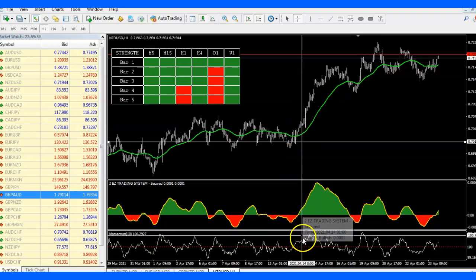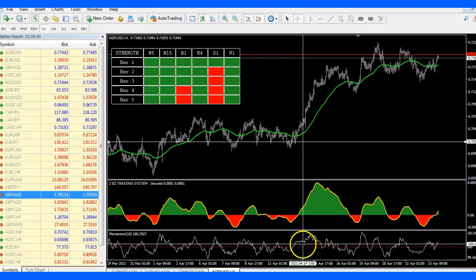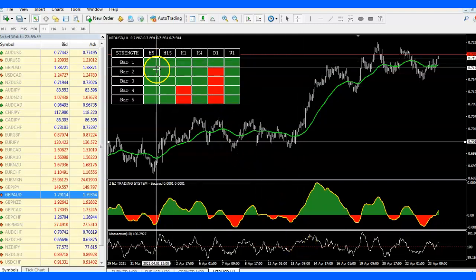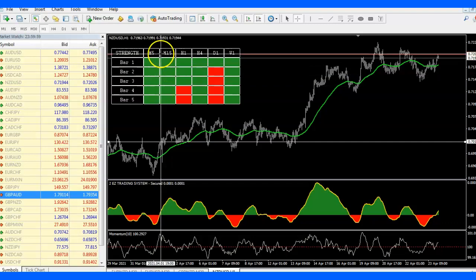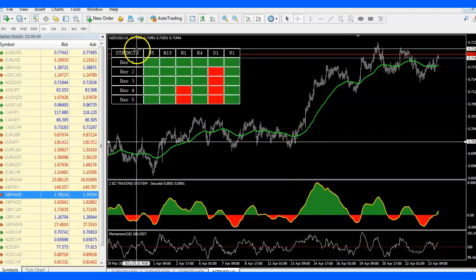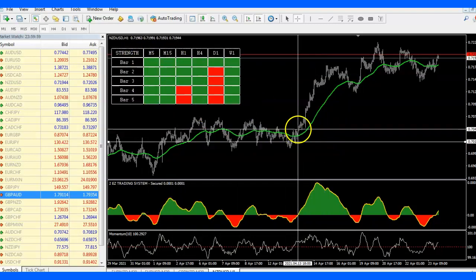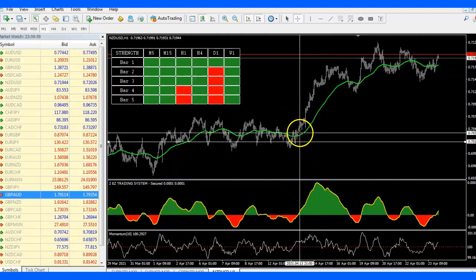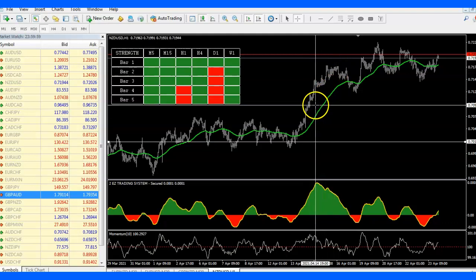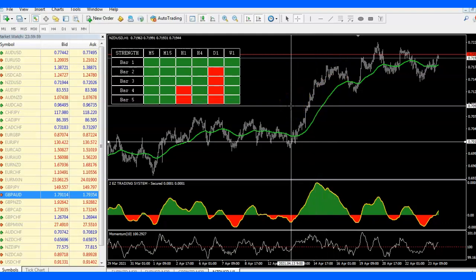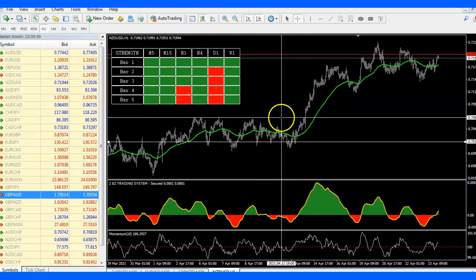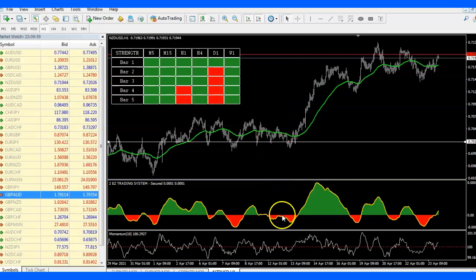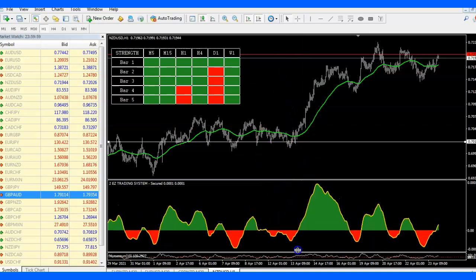MACD is green, momentum is above the 100. And then the strength indicator tells you: if this would be red, I wouldn't go into this trade, but if it would be green, I would jump at that trade. So it is a really good indicator. Trust me, it's really good. It looks very simple, but it's really good.